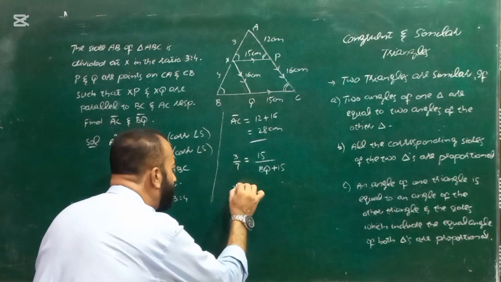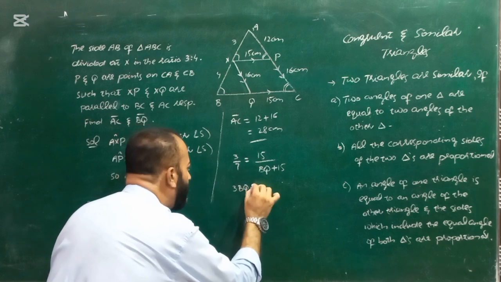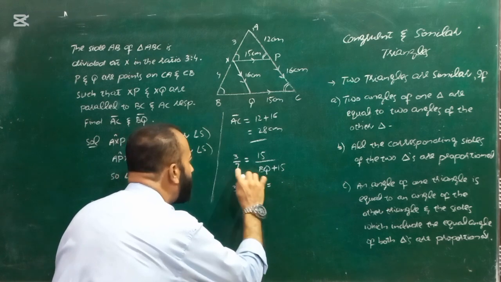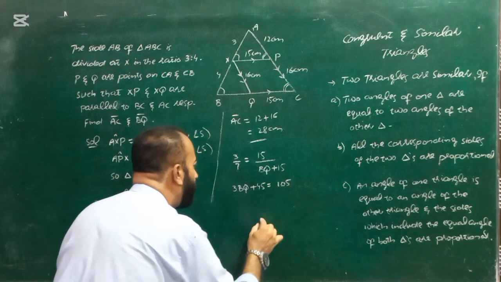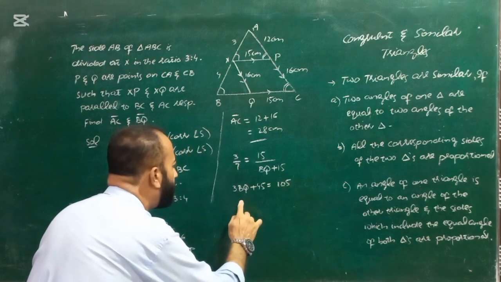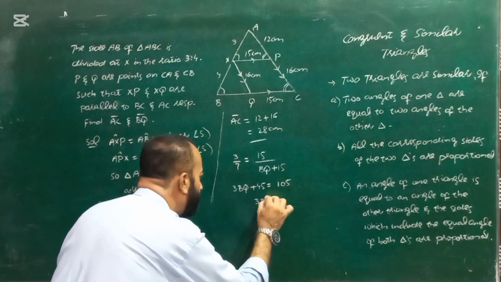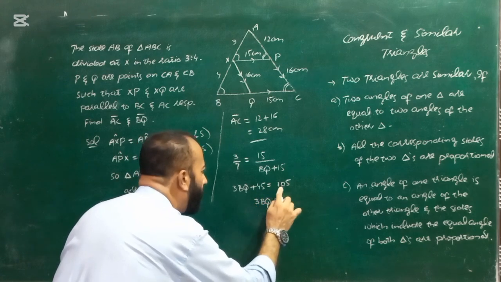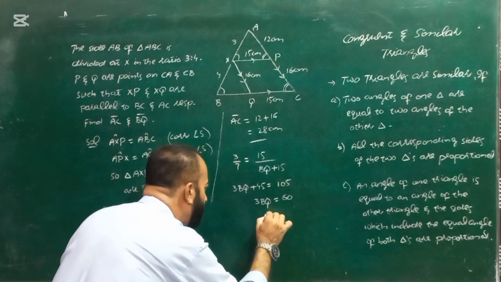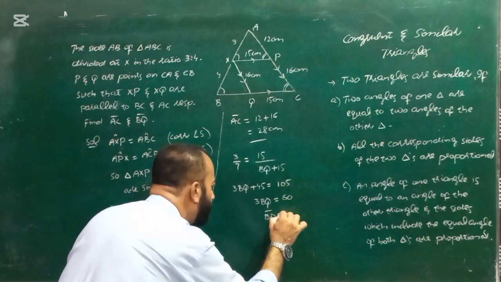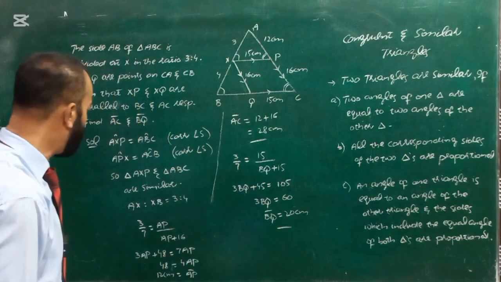So 3BQ plus 45, and this is going there. 7 fives are 35 and 105. From here, this 45 will go to the right hand side. So 3BQ, this will be 60, and from here BQ will be equal to 20 centimeters. So this is the answer.